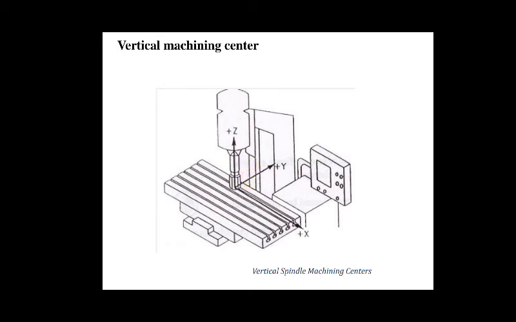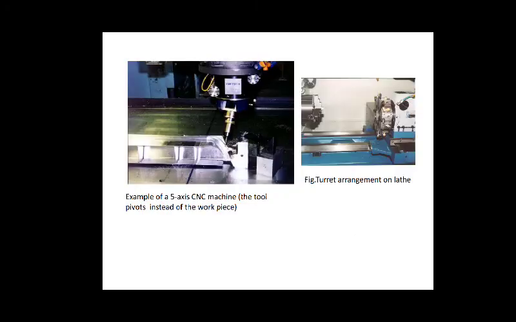This was the disadvantage of the vertical machining center. Let us see a few examples. This is an example of a 5-axis CNC machine. This is an example of a turret arrangement on a lathe.